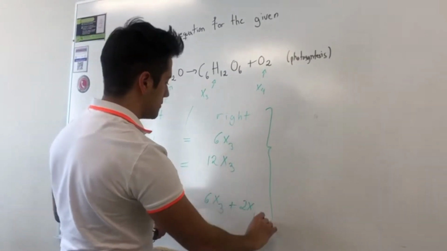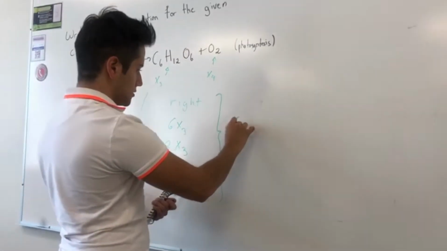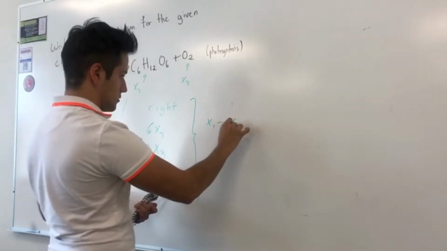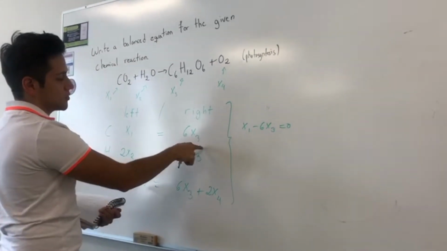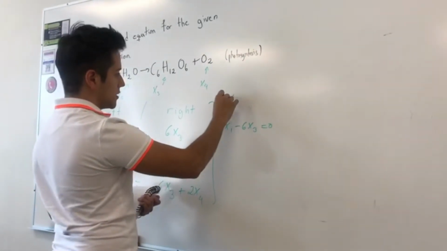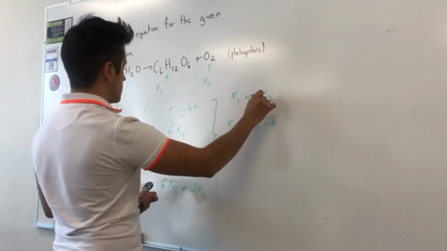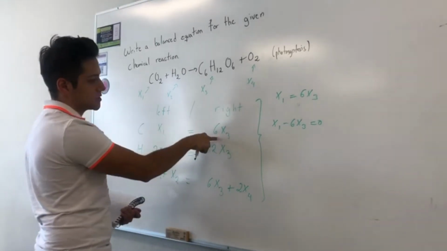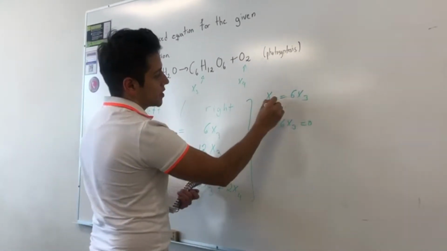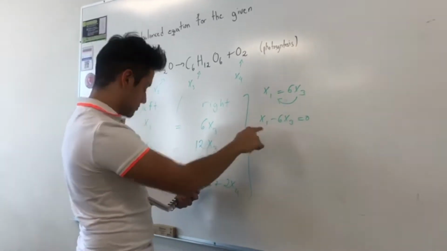And we have here a system of equations. We can solve it by doing x1 minus 6x3. Here x1 equals 6x3, so we clear x1 and this passes here with a minus.